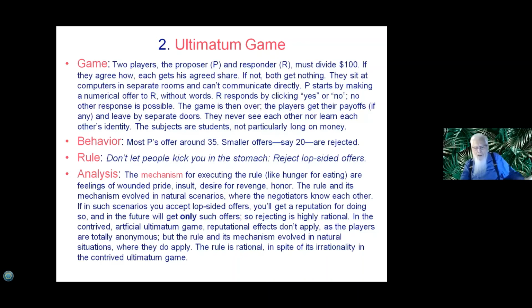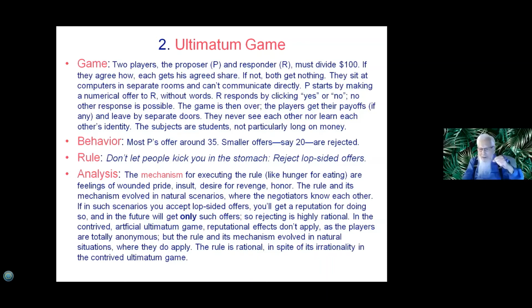If in such scenarios you accept lopsided offers, you'll get a reputation for doing so, and in the future will get only such offers. So it's not because you're thinking about reputational effects. You're thinking about pride, insult, revenge, honor. Those are the things you're thinking about.